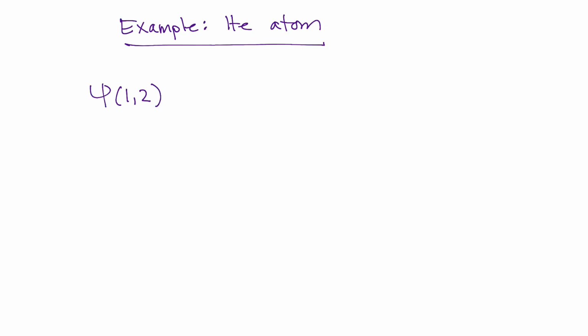That's how we note that. Then we want to put in our normalization constant prefactor, which depends on the number of electrons that you have. That's going to be 1 over n factorial, so in this case, 1 over 2 factorial, and then we take the square root.